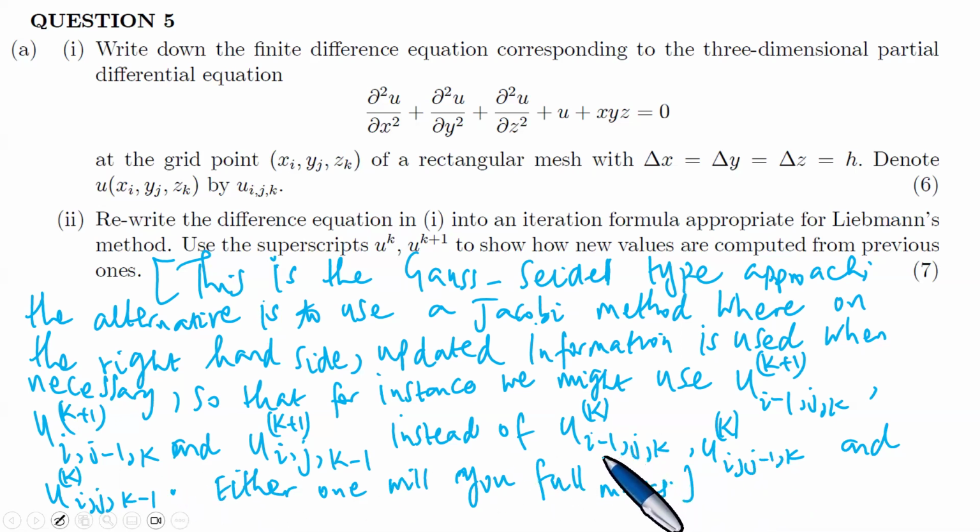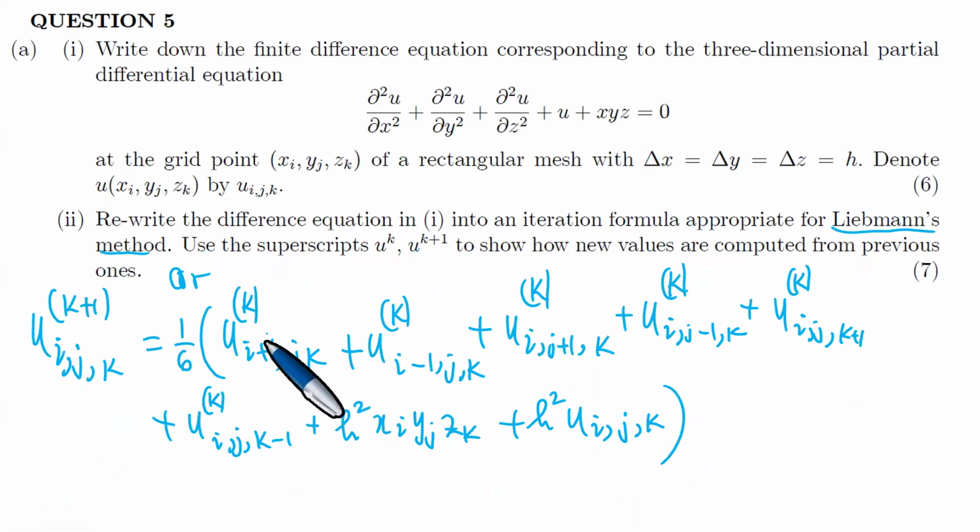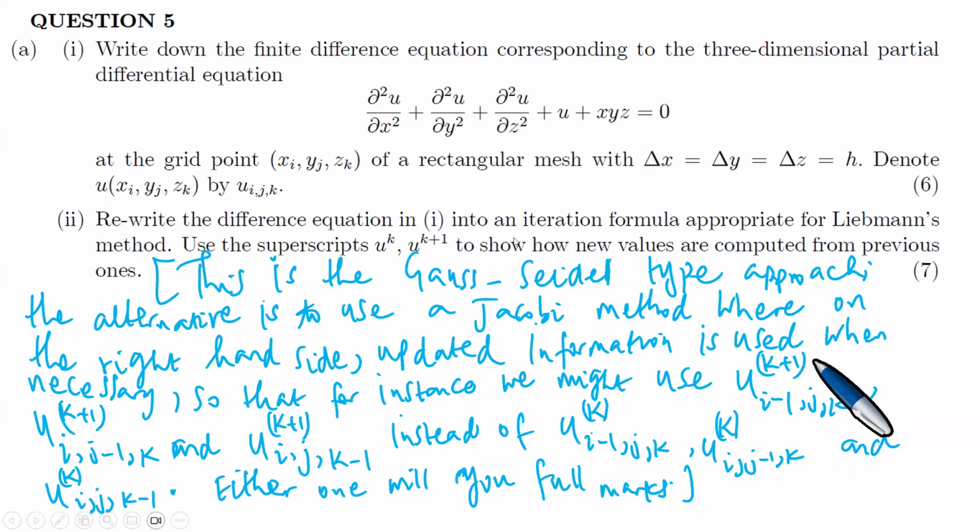What is the difference? We might use the k plus 1 powers instead of the k powers. That is what we are saying here. So for the i minus 1, j, k, we might use the k plus 1 powers because we chose to use the k powers for the i plus 1, j plus 1, j minus 1. We use the k powers, but we might decide to use the k plus 1 powers instead. Once again, any of those is just a variation in the notation.